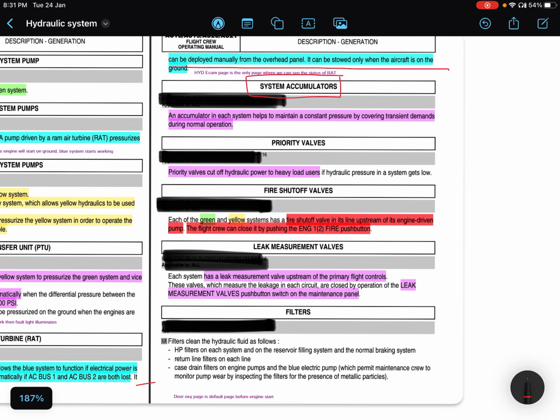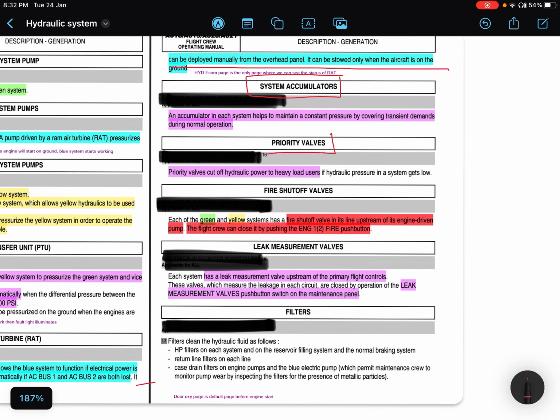If there are some fluctuations and you have just demanded so many controls, or I would rather say you have given so many commands to the different hydraulic systems, the system accumulator helps their respective hydraulic system by giving a constant pressure by covering transient demand. They give the initial pressure, the initial supply, when you ask for any hydraulic to work.